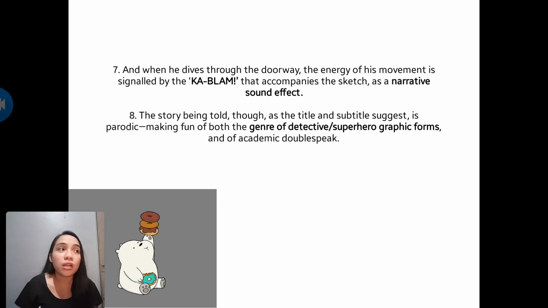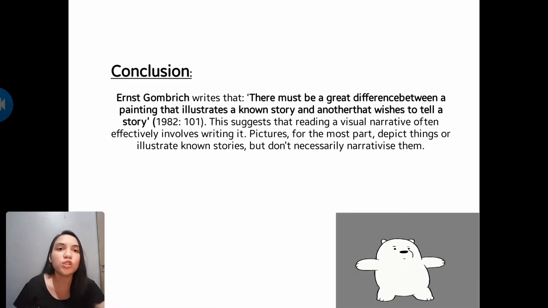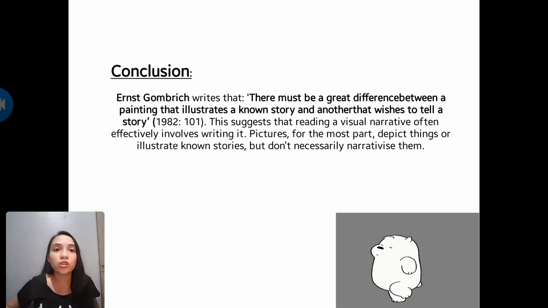But we are able to understand it. We are able to know the flow of the story or what happened in the story because of the visual, because of the images. So now, let's go to the conclusion.